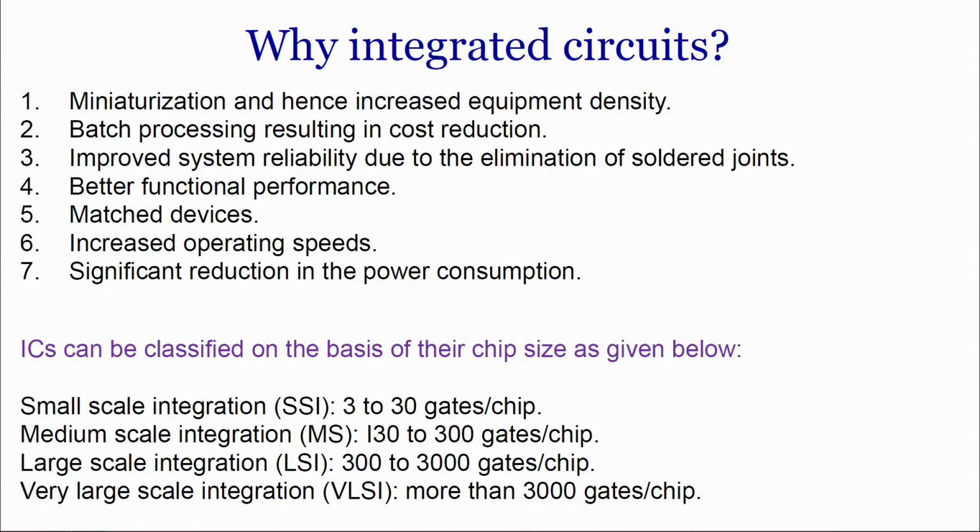There are several reasons, including miniaturization, batch processing, better functional performance, matched devices, increased operating speed, and significant reduction in power consumption. These are enough reasons to use ICs instead of discrete components. And then we have also seen that ICs can be classified into several categories.